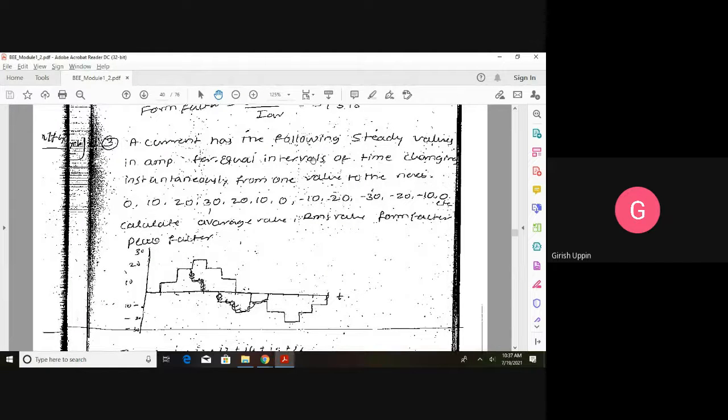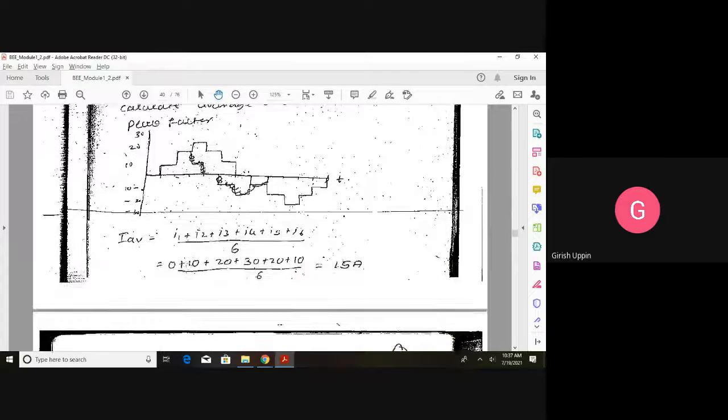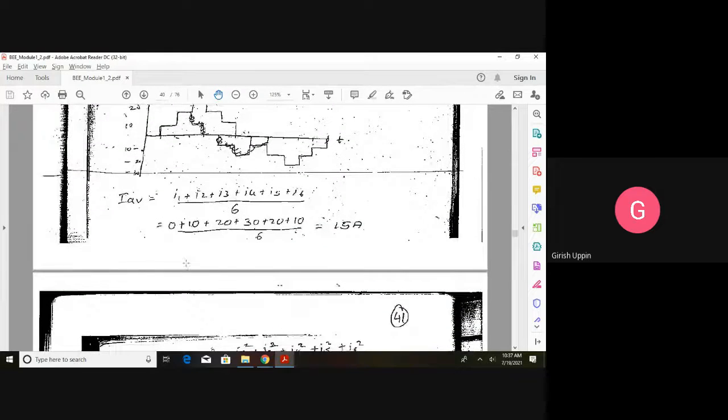The current has the following steady values. So we have to use the instantaneous value method here. I have 6 samples, divided by 6. So the average is 15 amperes, which can be represented as a DC current of 15 amperes.